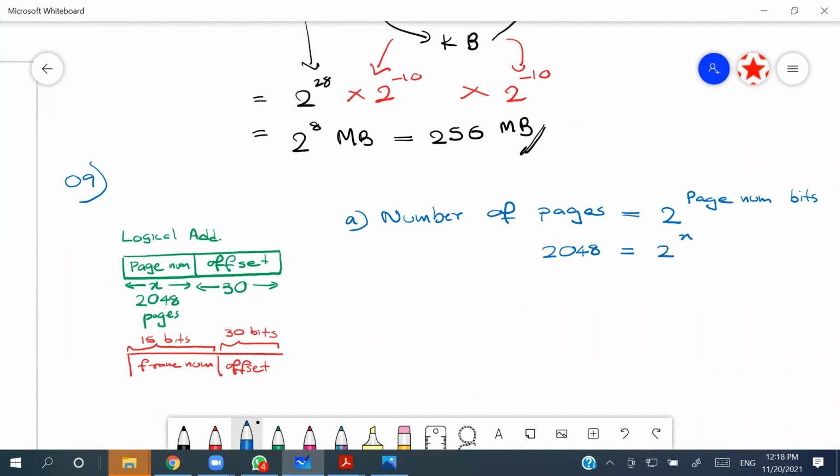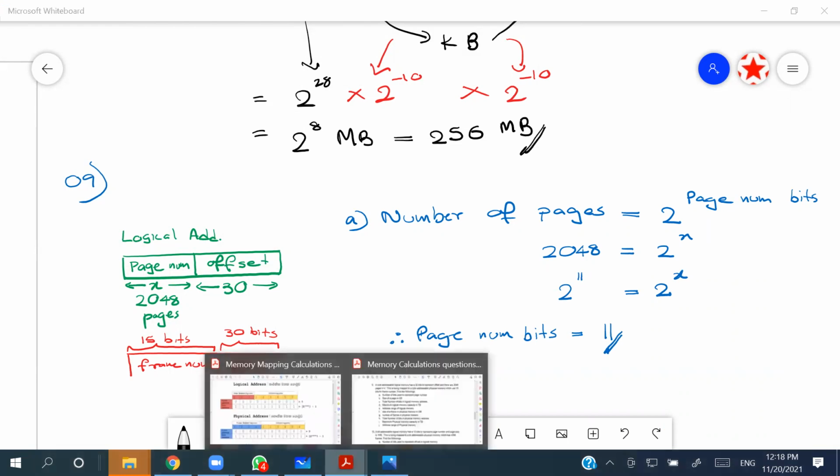Let's say 2048 means what? 2 to the power 11 equals 2 to the power x, right? So therefore we can say page number bits equals 11.